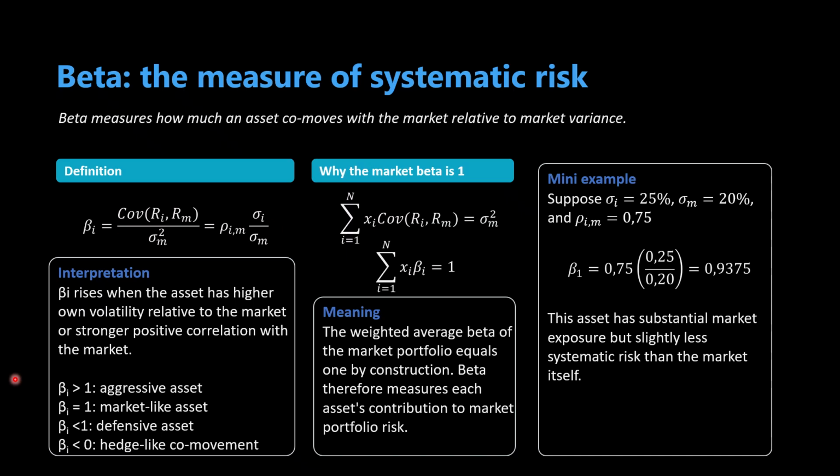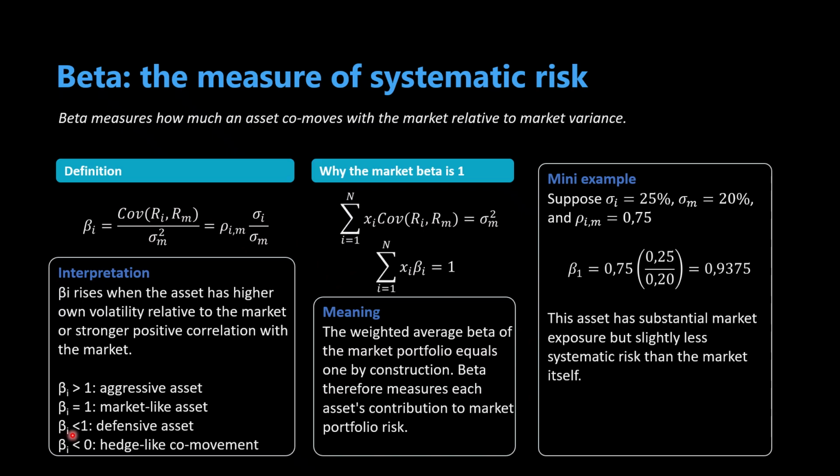Now let's interpret beta numerically. A beta greater than 1 shows that the asset is aggressive. It amplifies market movements, and in a rising market it tends to rise by more than the market. In a falling market it tends to fall by more than that. A beta equal to 1 implies that the asset moves in line with the market. That is, it behaves like the market portfolio itself.